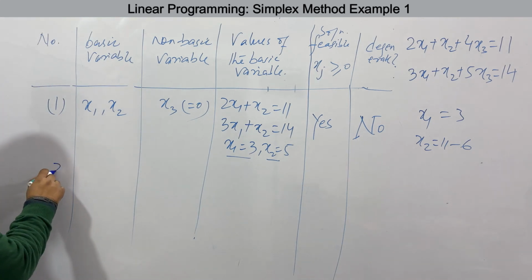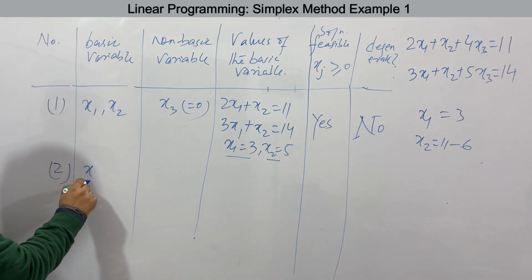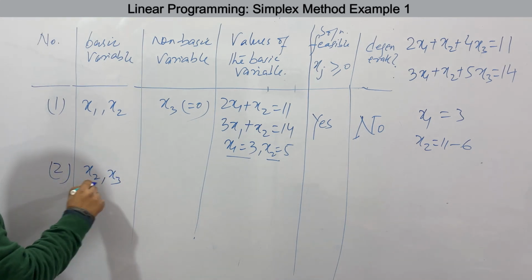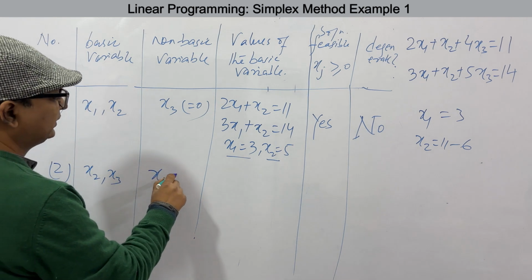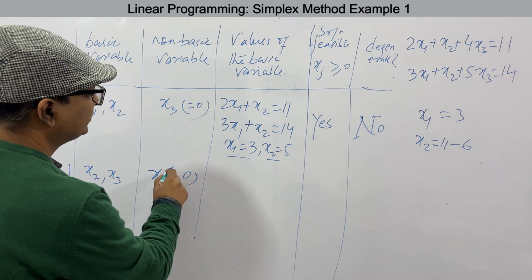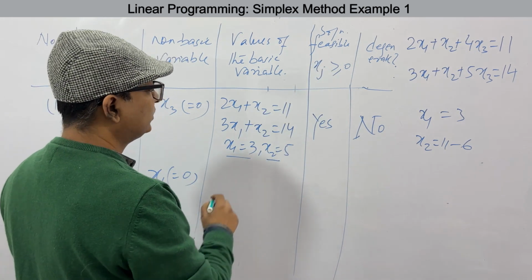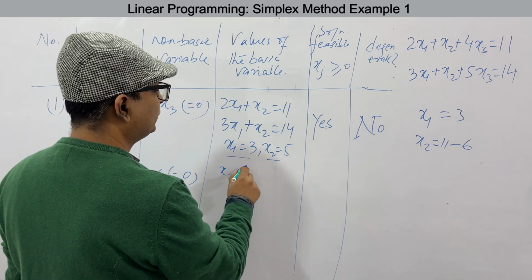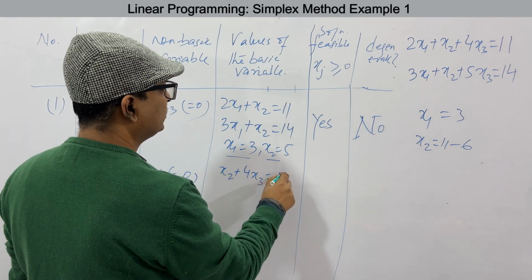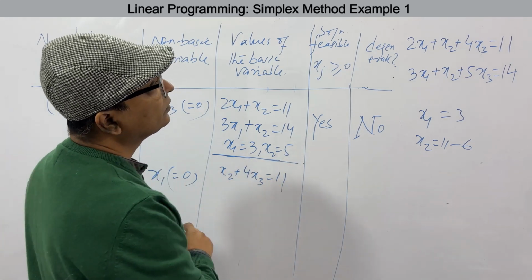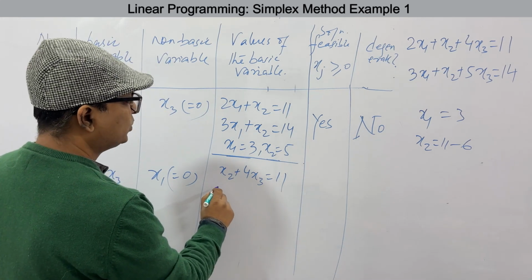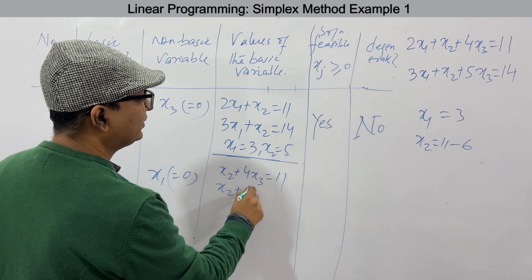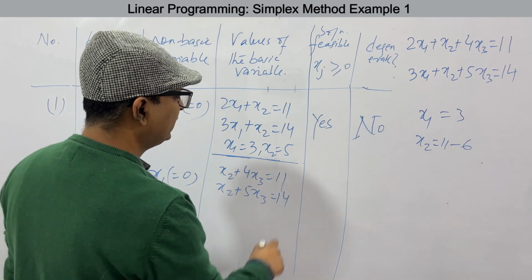Okay. Second, we'll make x2 and x3 basic variables and x1 the non-basic variable, that is equal to 0. Now when x1 is equal to 0, we'll write x2 plus 4x3 is equal to 11. Then we have x2 plus 5x3 equal to 14.